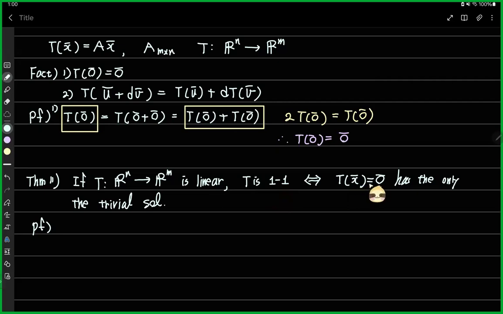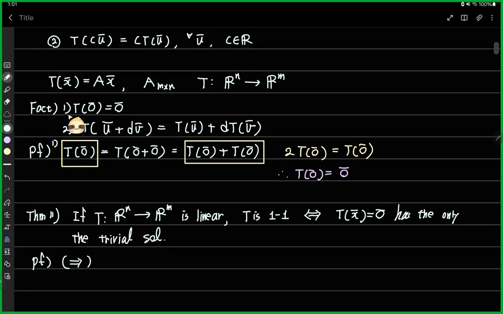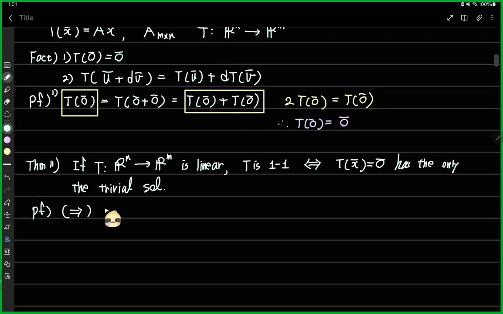So T of X equals 0 having only the trivial solution means that the input of the linear transformation returning the zero vector is only one, right? Let me prove that direction first. This is trivial, because if T is linear, then T of the zero vector is the zero vector.